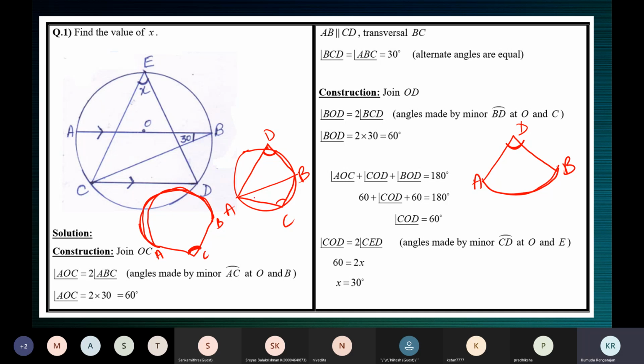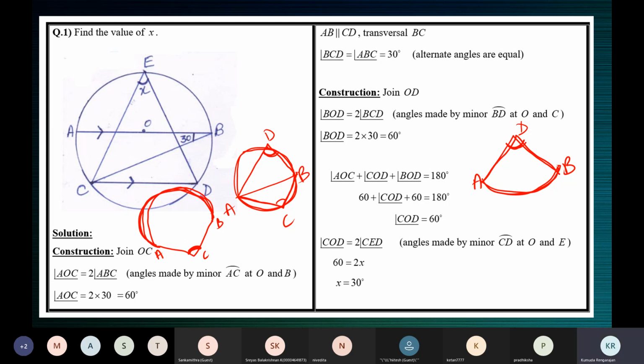Just see the angle ACB separately. It is this arc, major arc AB, that makes ACB at the point C on the remaining part of the circle. But this ADB is made by this arc, which makes ADB at the point D on the remaining part of the circle.